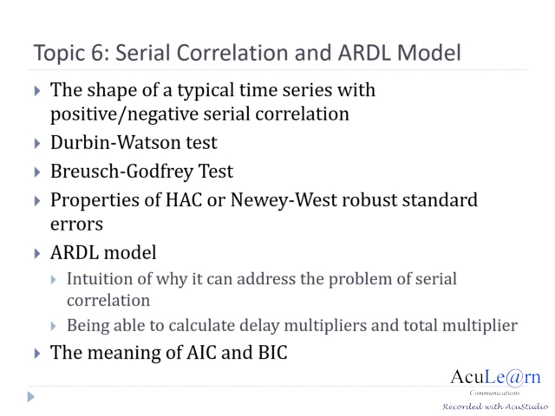After that, I briefly mentioned AIC and BIC. Maybe some of you have studied them in the course for AMA. In this case, AIC and BIC can also be used to select the right number of lags for an ARDL model.